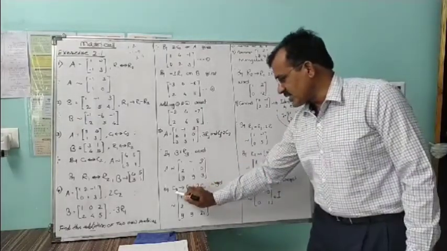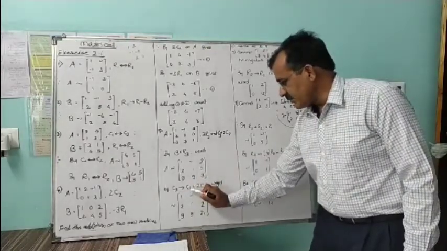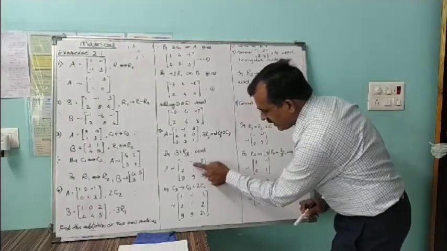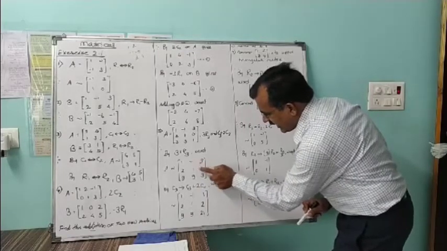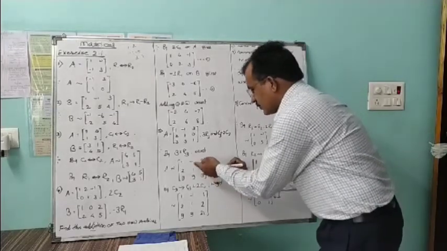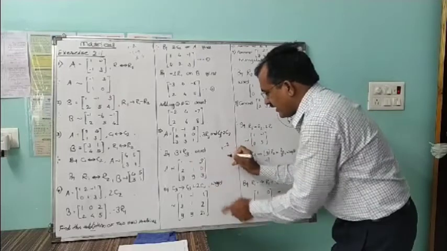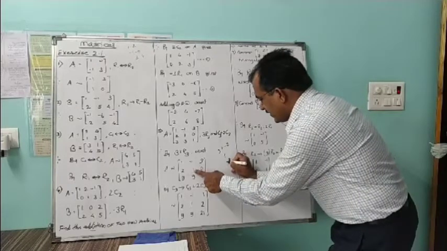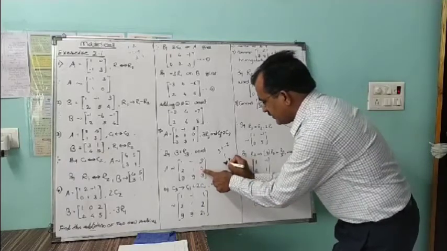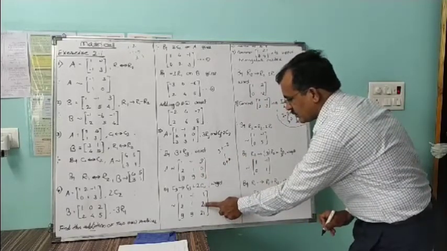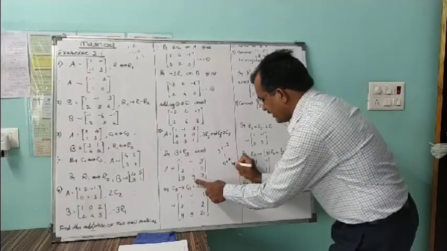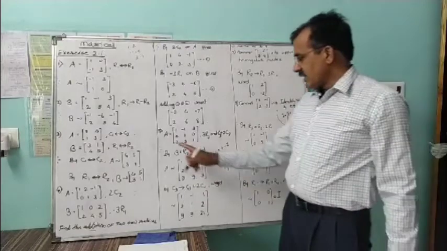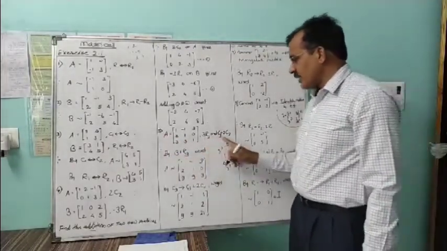The operation is on the third column, and C3 plus twice of C2 means each element of the second column is to be multiplied by 2 and added to the corresponding element of the third column. So multiply this by 2, we get -2. Add it to 3, so the answer is 1. After that, multiply this 1 by 2 and add it to the C3 element, that is 0, so the addition answer is 2. Multiply this 9 by 2, the answer will be 18. Add it to 3, so the answer is 21. So this is example number 5 on which we have taken 2 operations one by one.